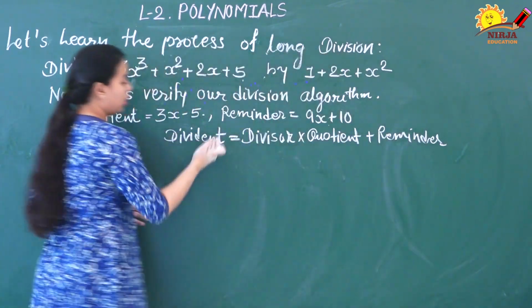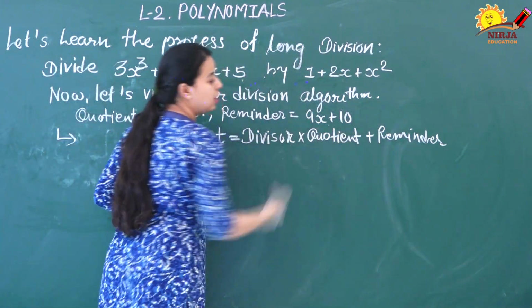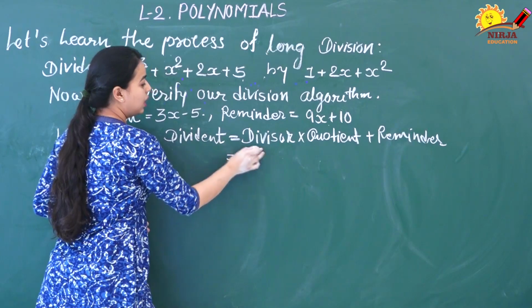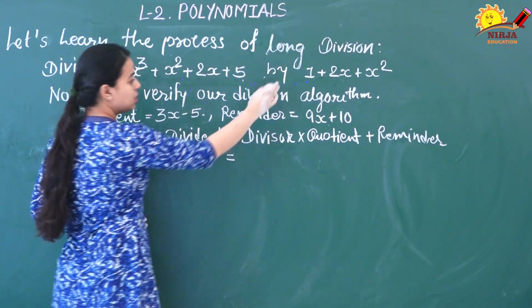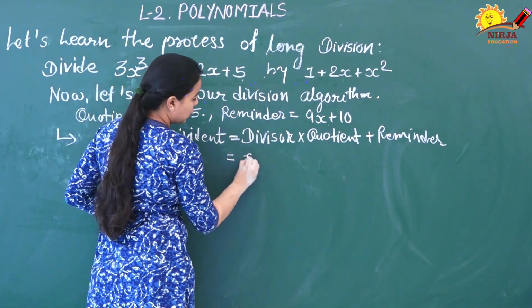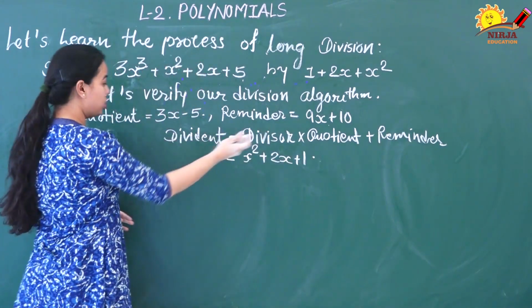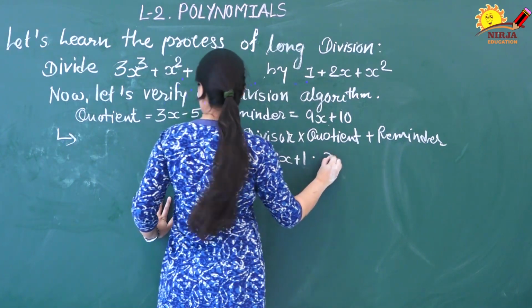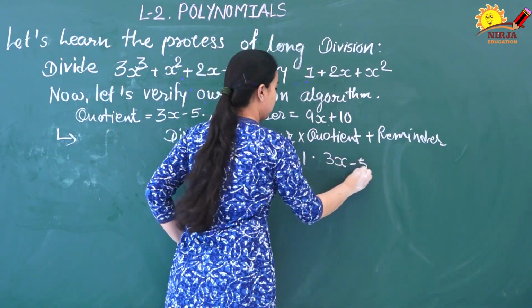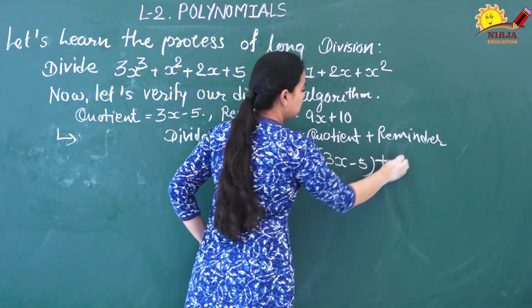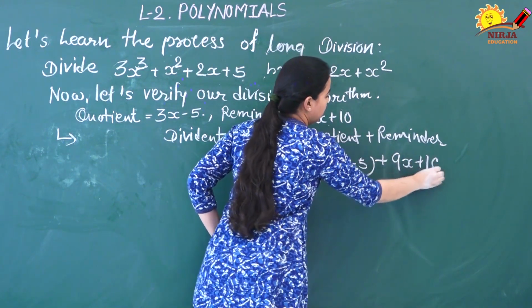Let us put the values of divisor, quotient and remainder in this equation. The divisor is x square plus 2x plus 1, multiplied by the quotient 3x minus 5, and our remainder is 9x plus 10.